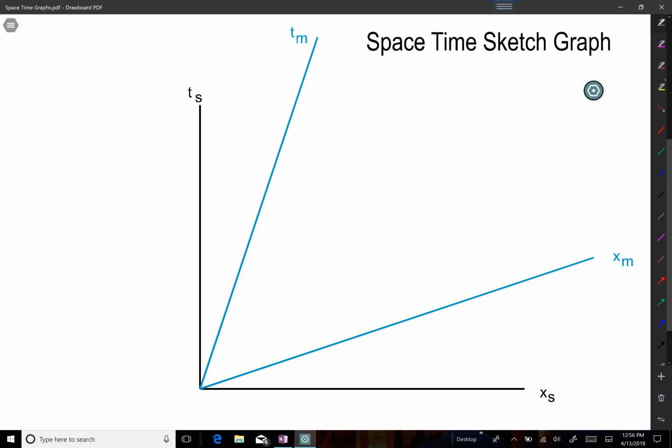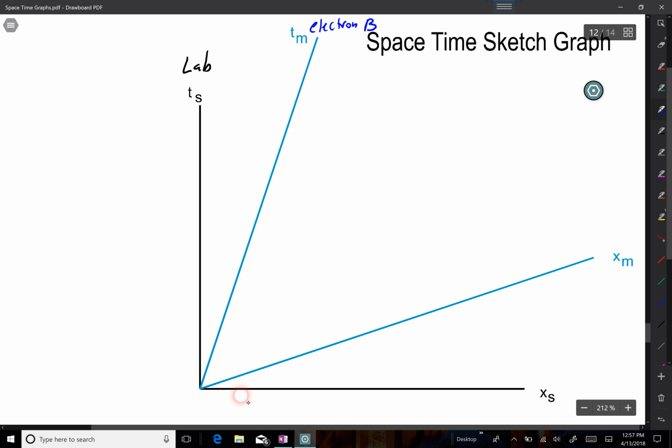Electron B and the lab observer are making measurements. They're my two observers, and they're my two reference frames. And we're told that electron B is traveling at 0.8 the speed of light. So that's the beta, because the dimensionless velocity of the skewed observer is the beta.